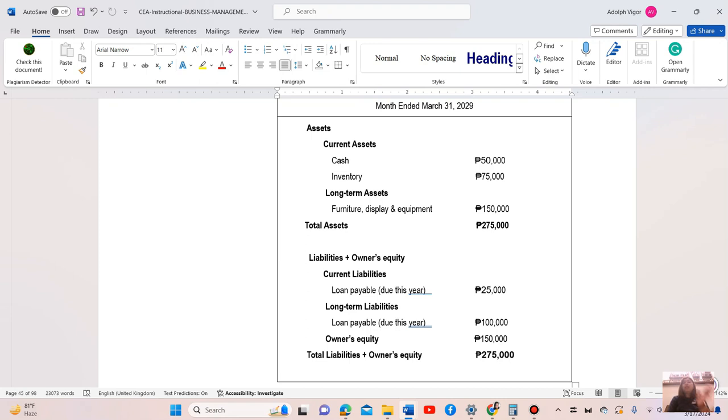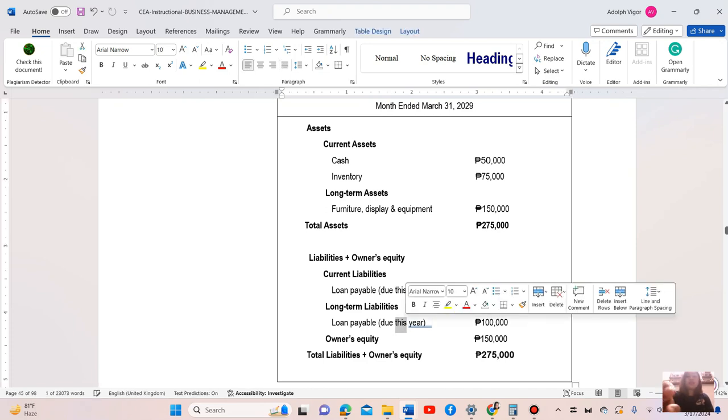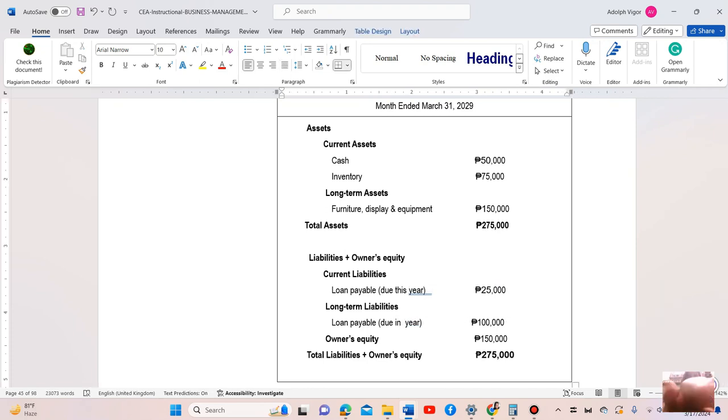And your liabilities and owner's equity: your current liabilities, because you have a loan payable within the year, 25,000. And long-term liabilities, a loan due in 5 years.